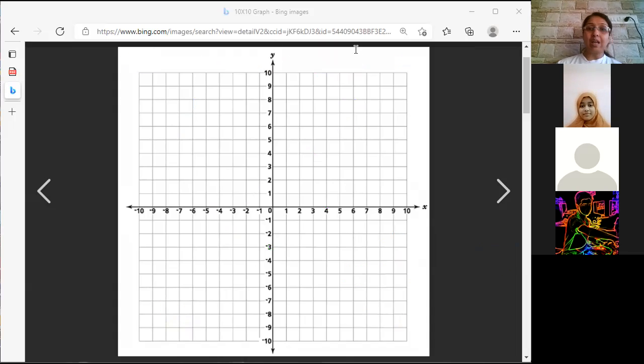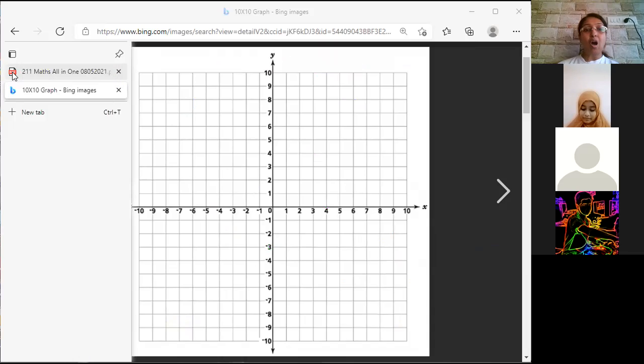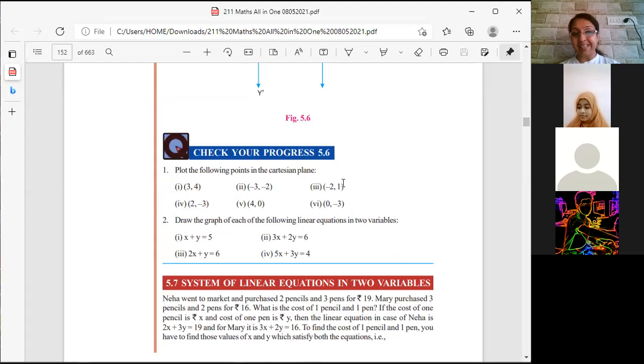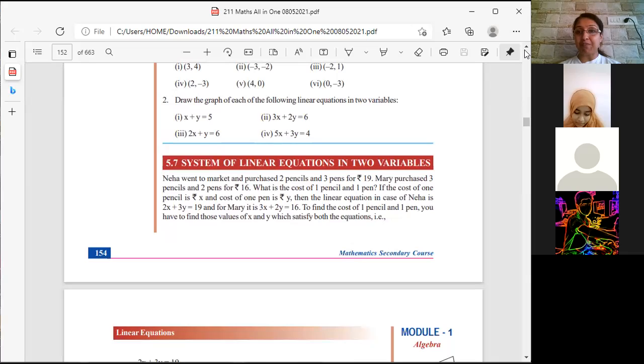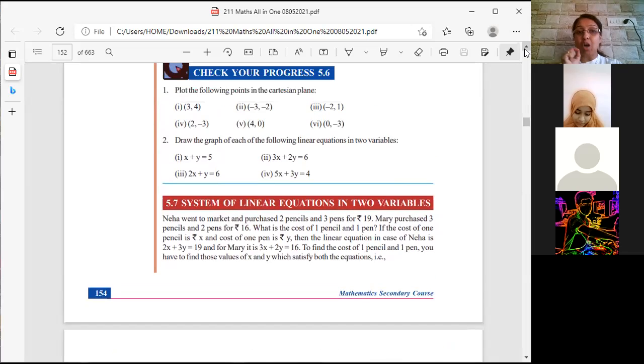Now we are moving to our next question. Question 2 of 5.6. Here we don't have to plot a point like in the first question, but now they want me to draw the graph of each of the following linear equations in 2 variables. You get me? What do they want me to draw?